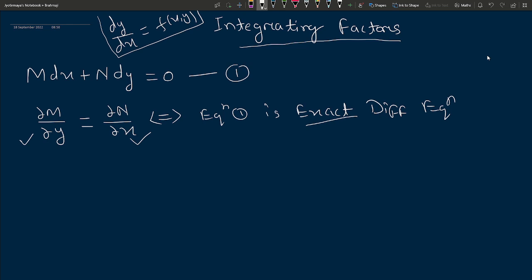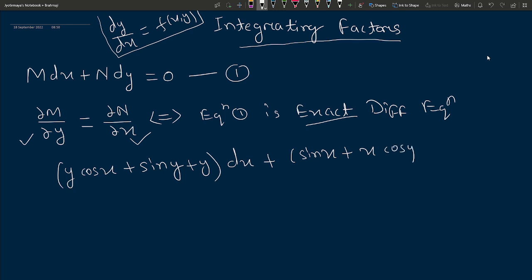For example, suppose I write (y cos x plus sin y plus y) dx plus (sin x plus x cos y plus x) dy equal to 0.